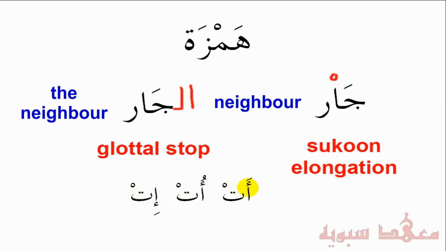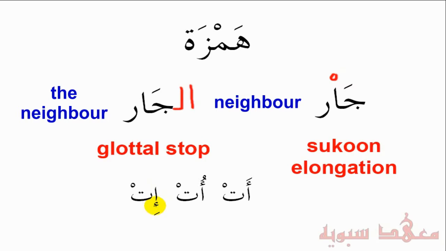So here u, i. Those three letters are actually a Hamza. They're not an alif. Although an alif is written, but there's also the Hamza, which is this small sign here. We'll explain this later on, inshallah, in another lesson. So that u, i sound is a Hamza.